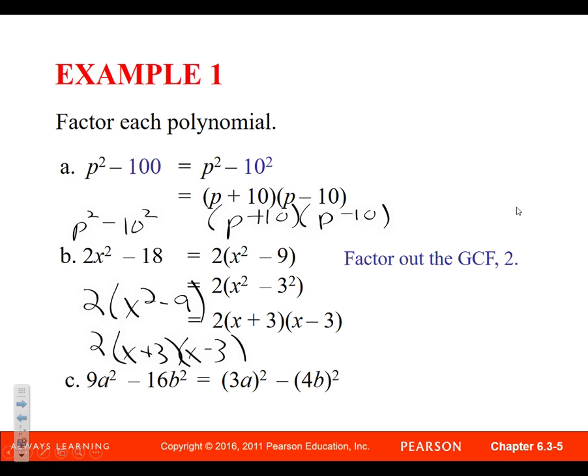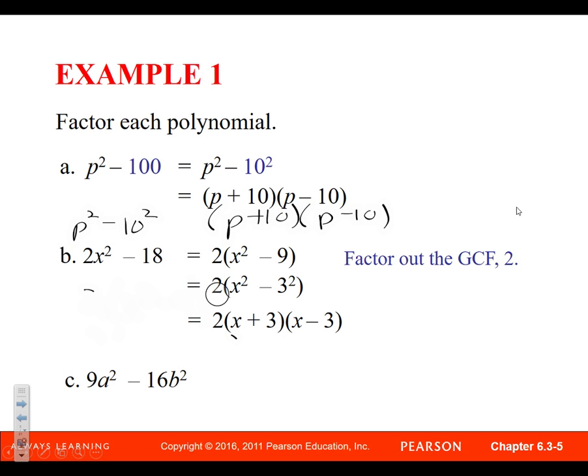Alright, let's move on. Oh, there's one more at the end. Same idea here. Let me erase some of this so you guys can see that bottom one. In this bottom one, you're not actually factoring out a common term because 9 is a square.